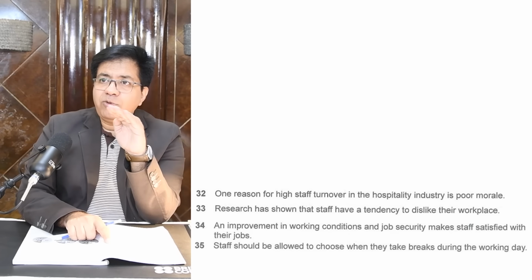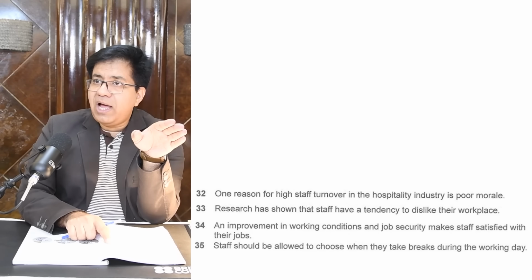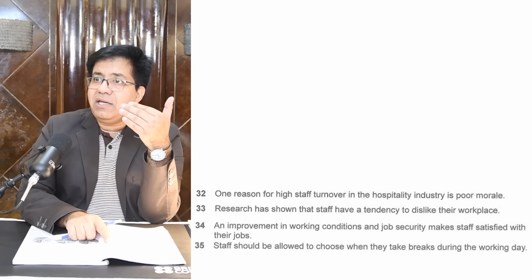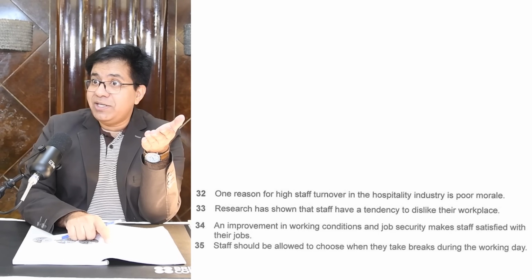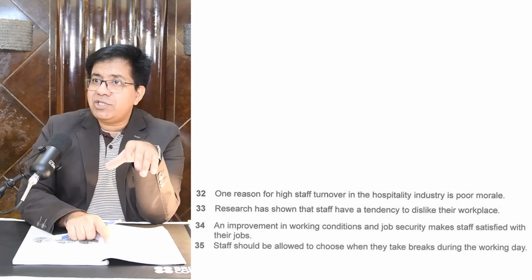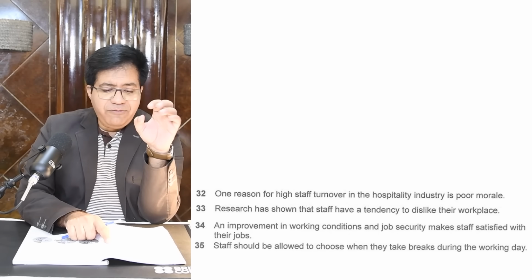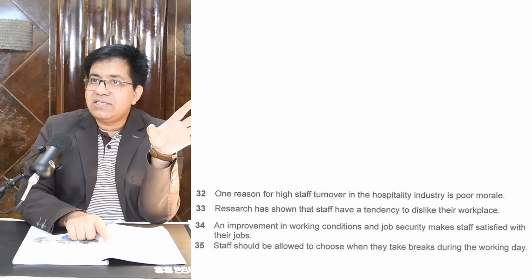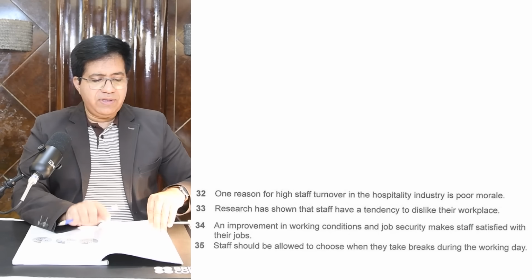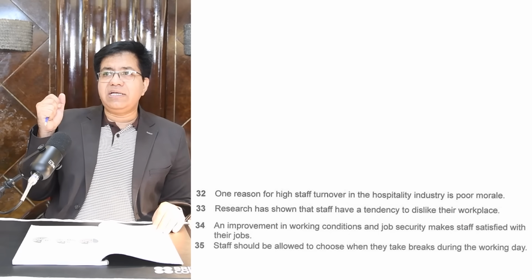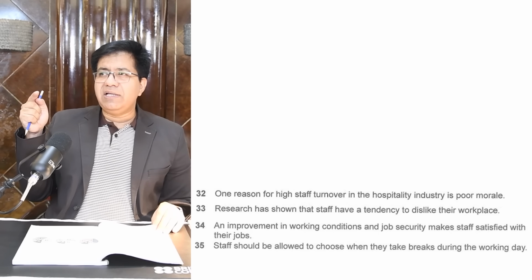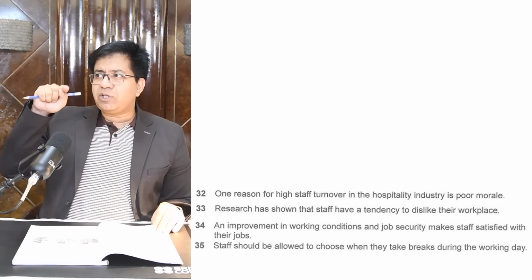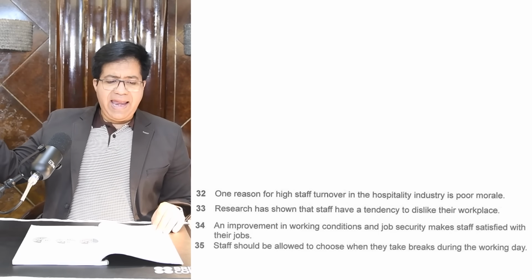If other reasons are mentioned, but poor morale is not mentioned, answer will be no. And if they don't give us the reasons, then it is not given. Now, when they say one reason, it means there will be 2-3 reasons, given with comma, comma, and.